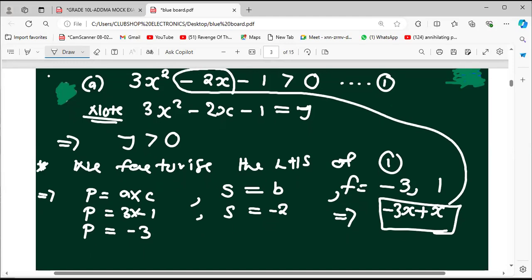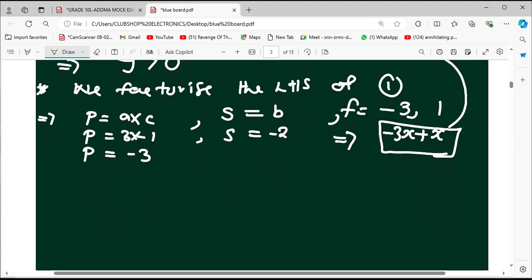Okay, so we can then proceed. So we have 3x squared minus 3x plus x minus 1 greater than 0.